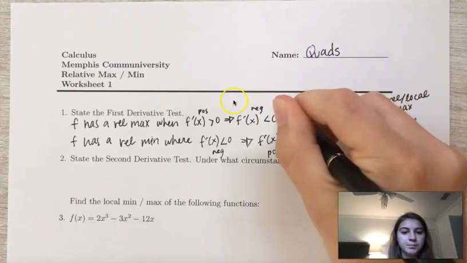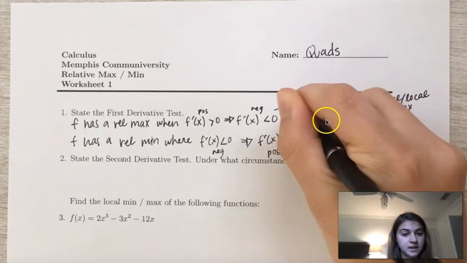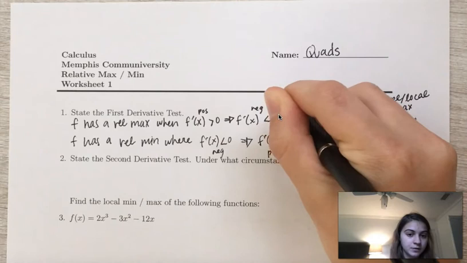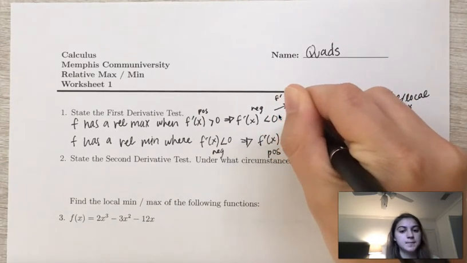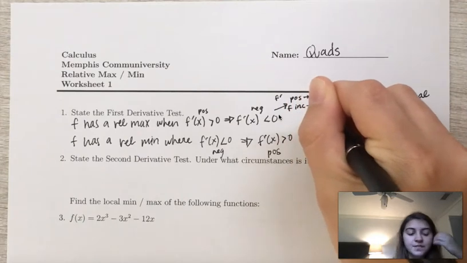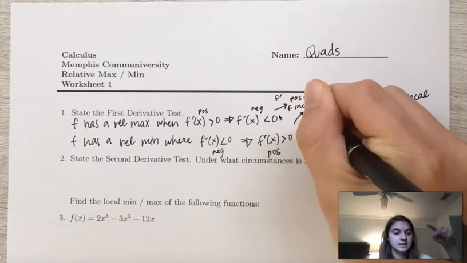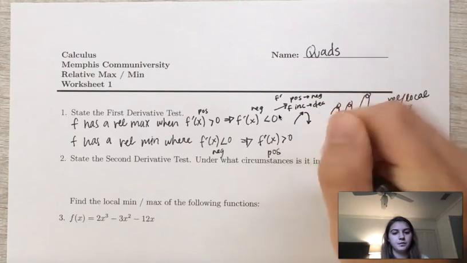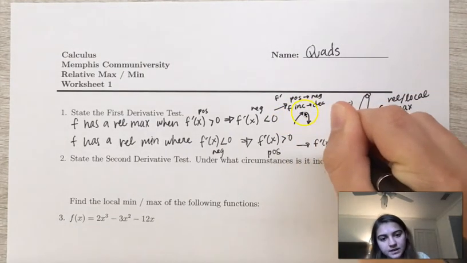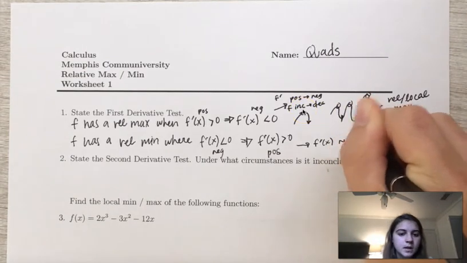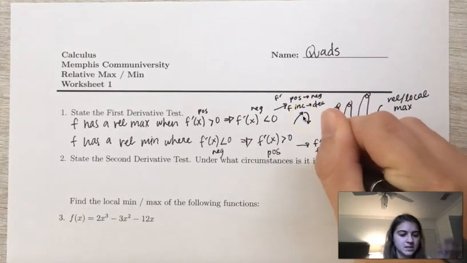If f prime is going from positive to negative, that means f is going from increasing to decreasing. If you remember, f is increasing where f prime is positive. So if f is going from increasing to decreasing, you can kind of see it, you have this curve and it's got a highest point right there. It's changing direction, so there has to be a highest point.